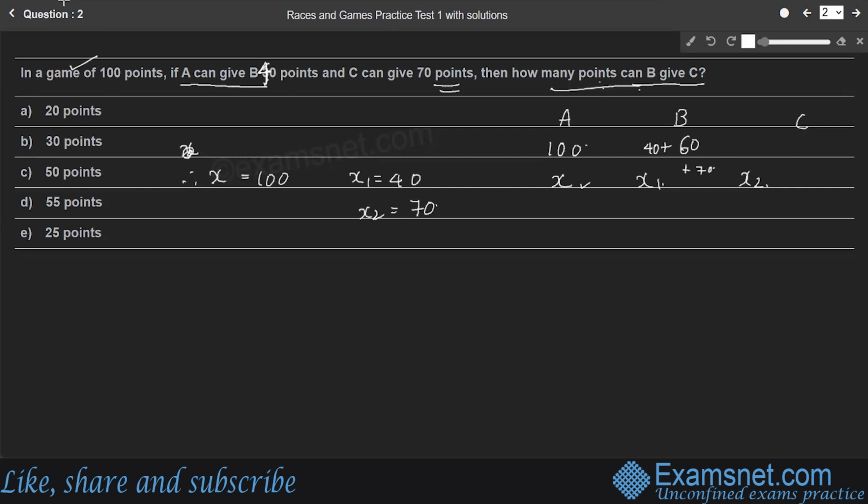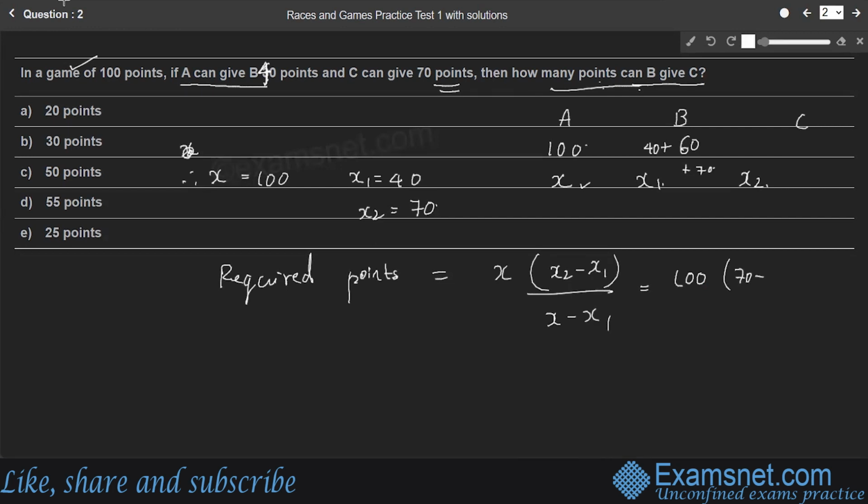Now, how many points can B give C? So, the required points B can give C is equal to, the formula says, x into x2 minus x1 divided by x minus x1. Here x is the number of points A has, so 100 into 70 minus 40, divided by 100 minus 40.